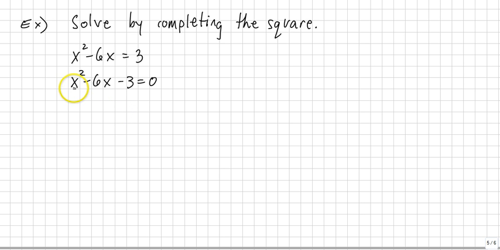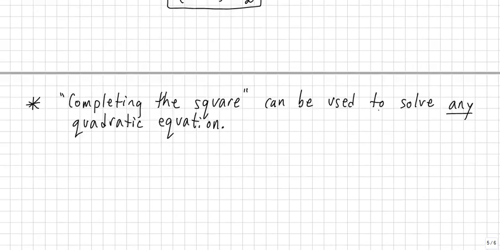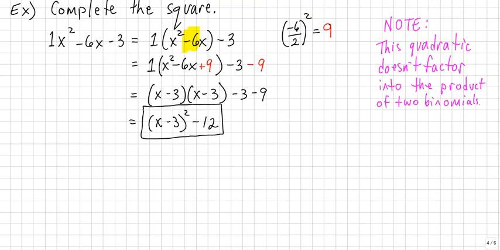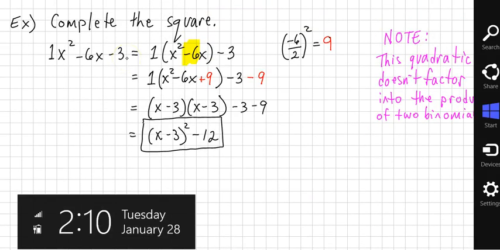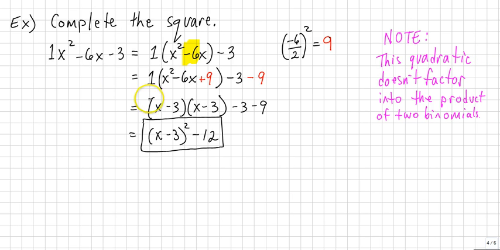But if you look, this is the same quadratic that we did earlier. It was this one, x squared minus 6x minus 3. And remember, this quadratic didn't factor. So the only way you've been shown how to solve this equation doesn't work. So we need something else. Well, completing the square is going to do it for us.